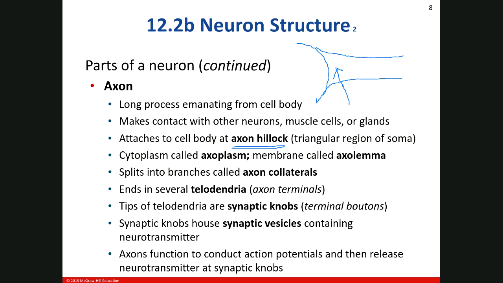But the axon hillock is where we start an action potential. I've seen test questions on that. So when we move into the axon, our cytoplasm in the axon is referred to as axoplasm, so we changed the name of that again. And instead of calling it the plasma membrane, in the axon, we call it the axolemma.